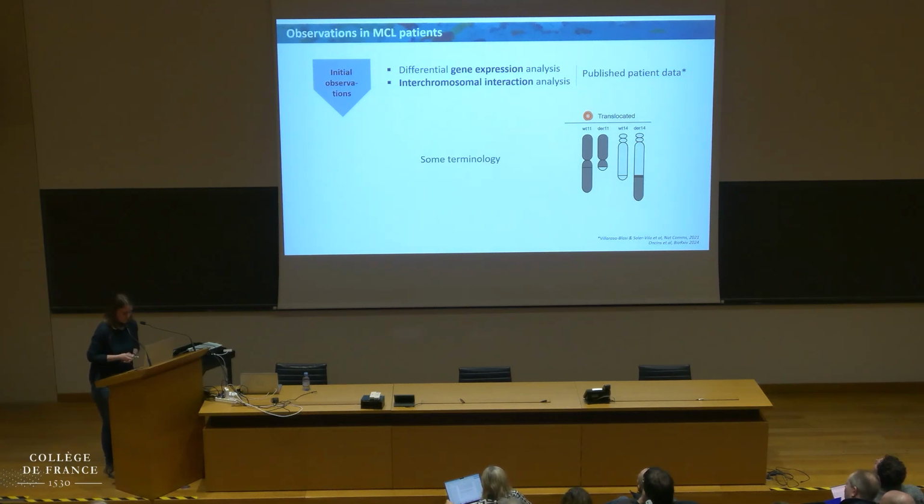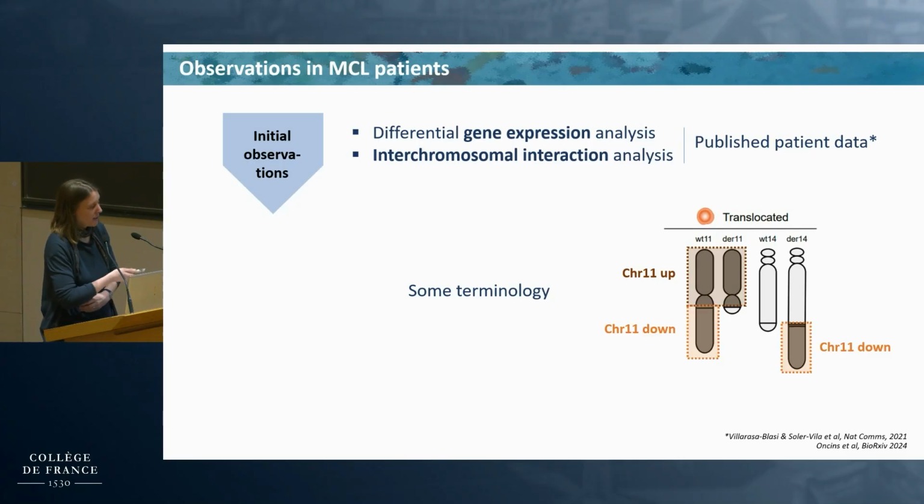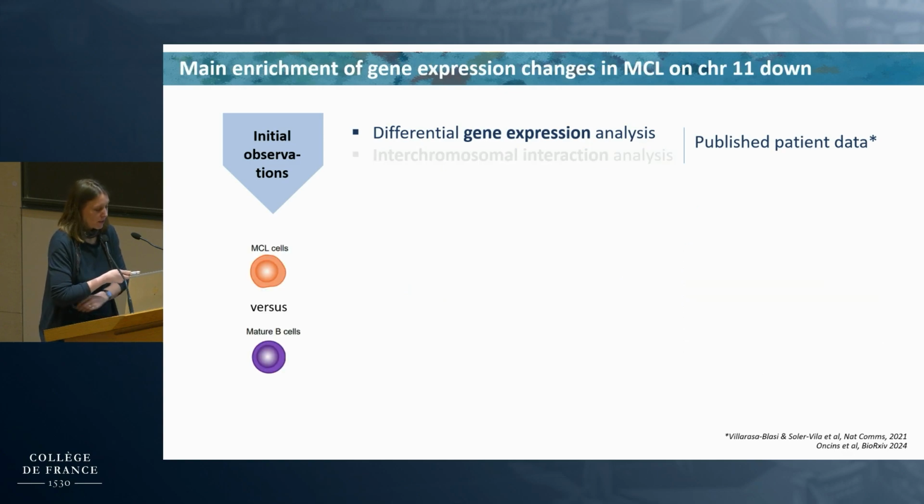So just to give you some terminology, we basically have split our chromosomes into different pieces. We call chromosome 11 up every part of the chromosome that is above the translocation breakpoint. Then we have another part, chromosome 11 down, that is below the chromosomal breakpoint. And the same for chromosome 14. So we also have chromosome 14 up and chromosome 14 down. The first thing we did was look at gene expression.